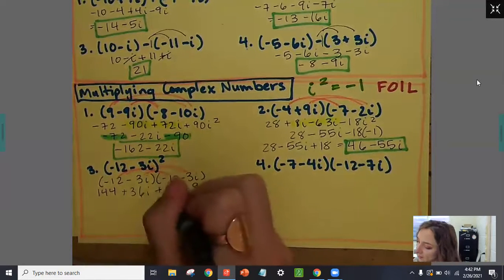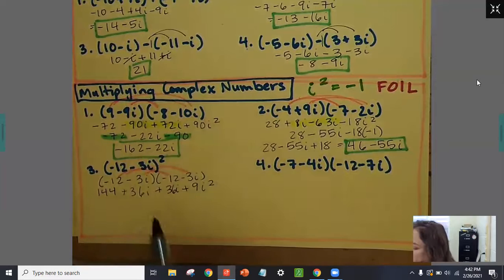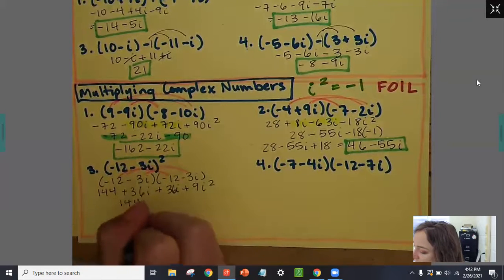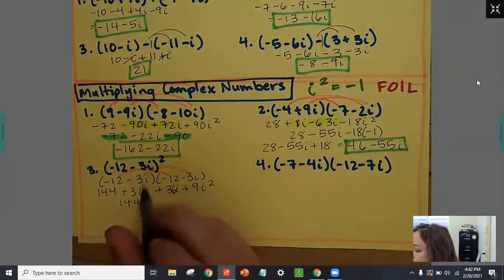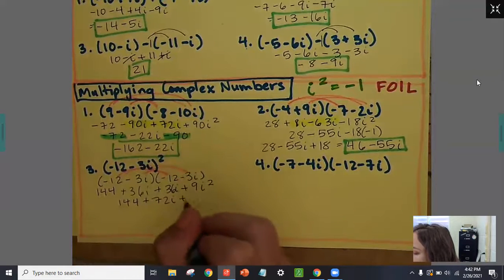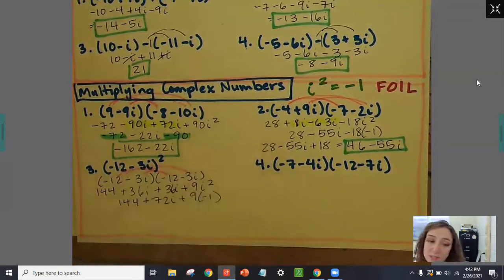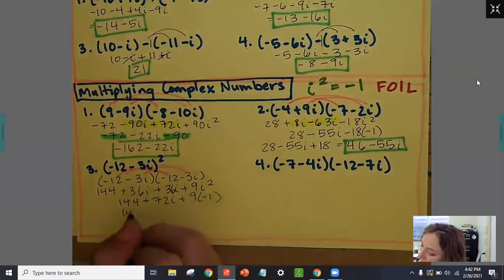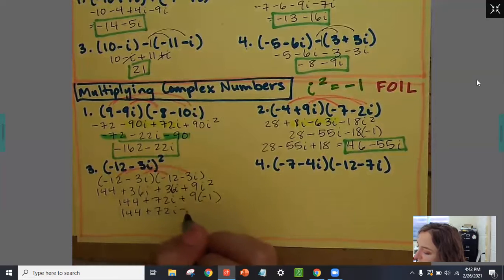Okay, we can add these two things in the middle. So we have 36 plus 36 is going to be 72i. And then we have plus 9, which is going to be multiplied by -1, so that's going to become -9. So we have 144 plus 72i minus 9, and then we're going to do 144 minus 9.